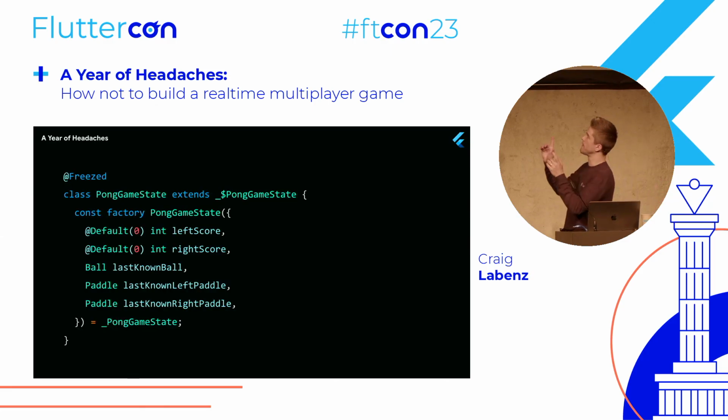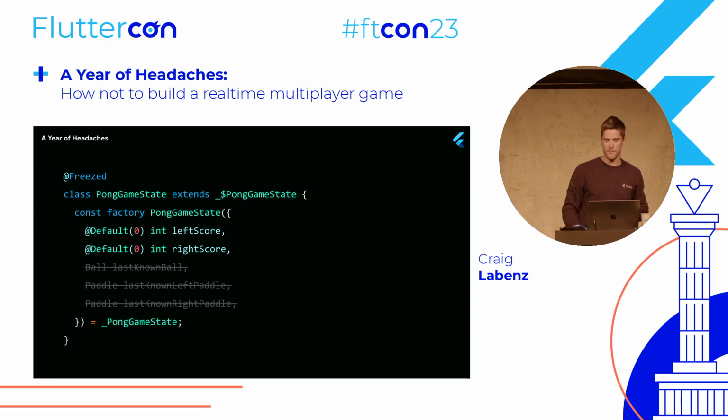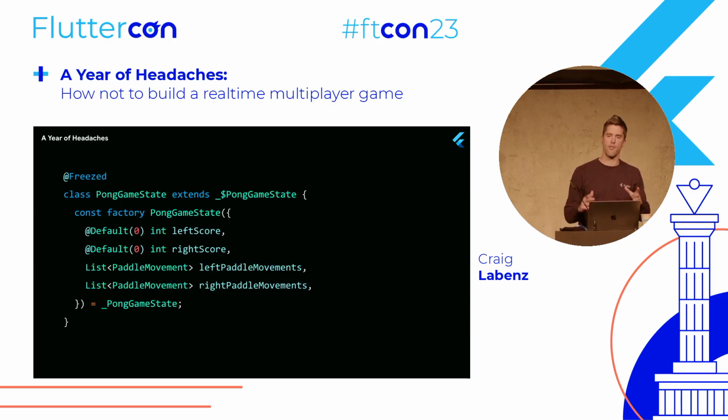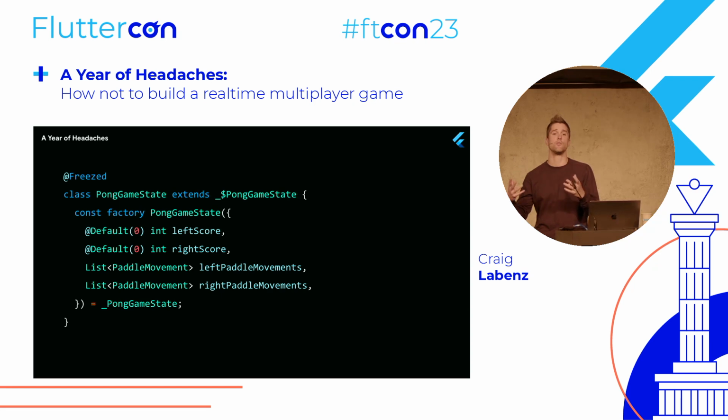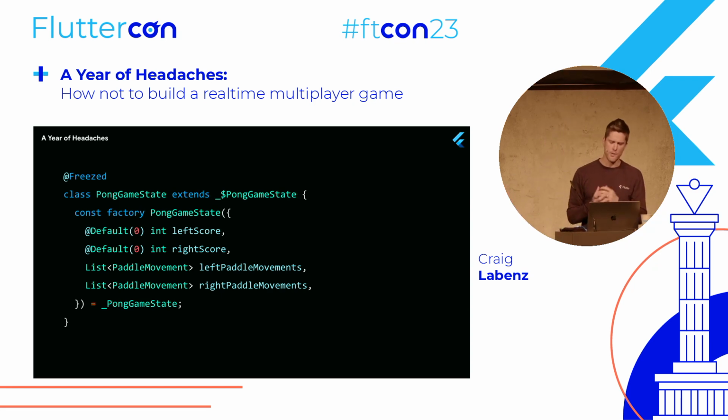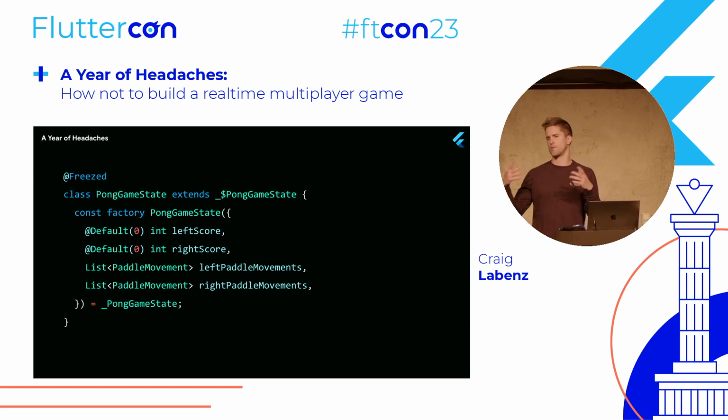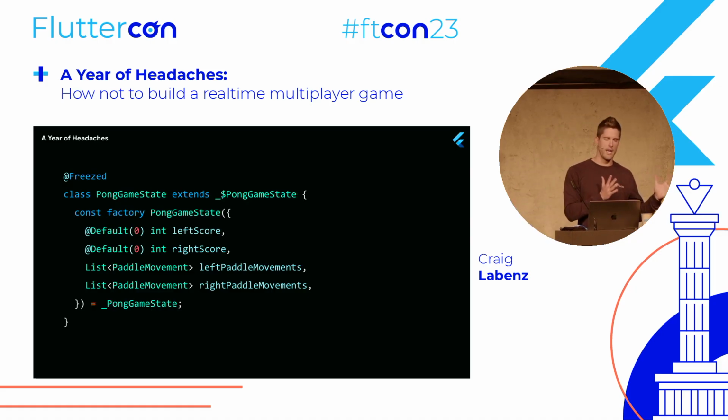So I revisited this Pong game state class, and I was like, you last known position fields, you're out of here. I scrapped them, and I replaced them with the history of movement commands that either player had issued this game point. And once I figured this out, this was time number 20,000 in this project, where I felt very silly that I had ever thought my previous idea was going to work.